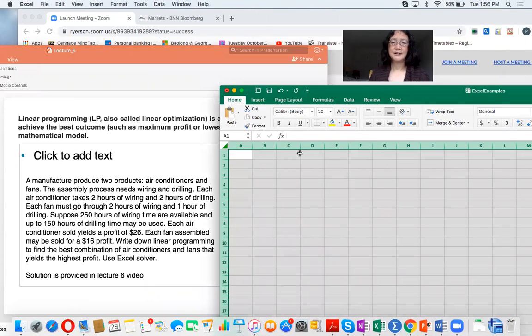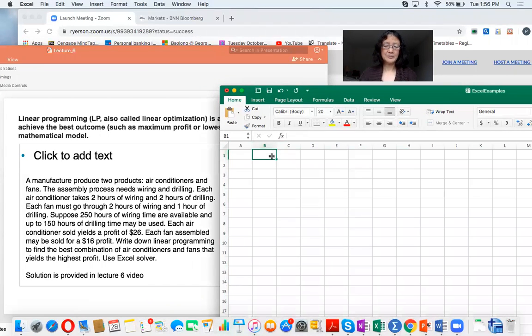So first, let's quickly set up some numbers. Air condition, fan. Okay. We have a profit. When you sell air conditioning, you get $26, and the fan $16.